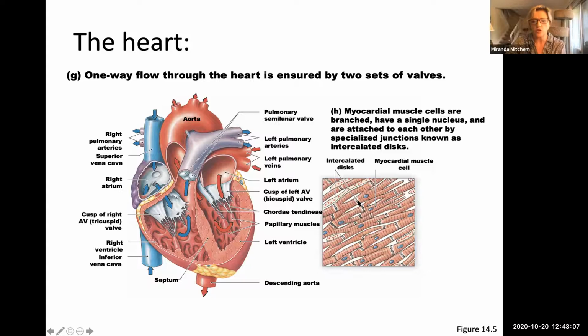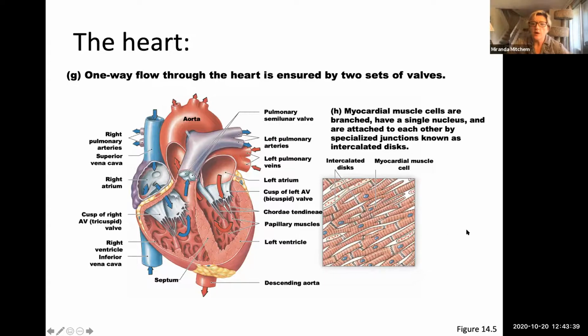It's a strong connection that's elastic, and what we don't see here is that there are many, many gap junctions present in the intercalated discs, because those ions that coordinate all of this need to flow readily over and through the heart very quickly so that it effectively functions as a single contraction.